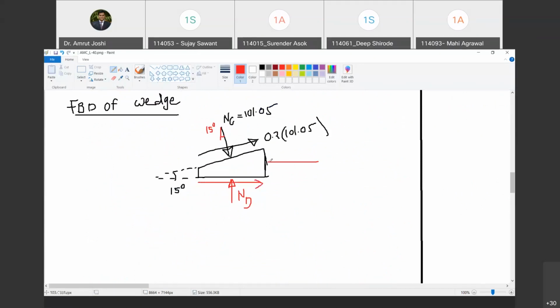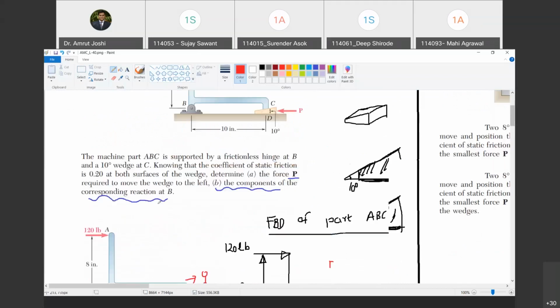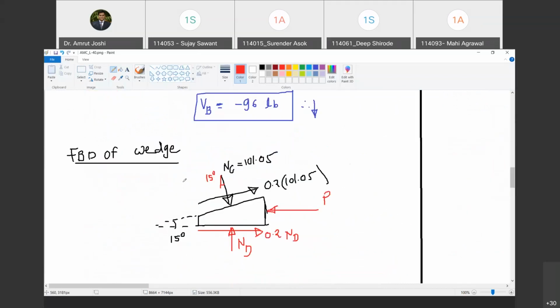You have a P here. So you are trying to drive this wedge in. Therefore, the floor is going to offer frictional resistance in this direction, and that value will be equal to 0.2 times ND. Why 0.2 times ND? Because at all surfaces the frictional coefficient is given as 0.2. Happy? Yes, sir. So this completes the free body diagram of the wedge.